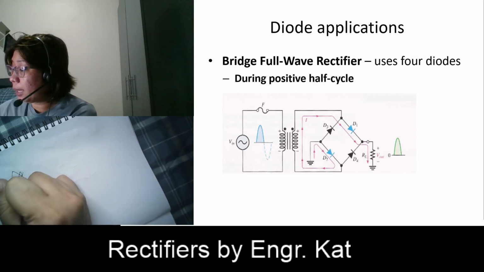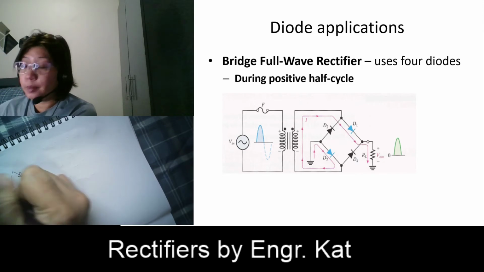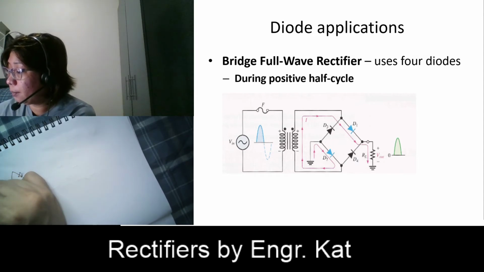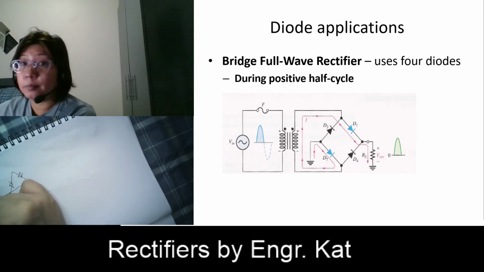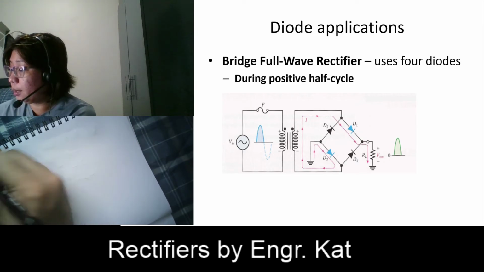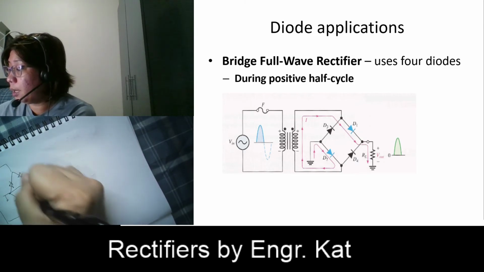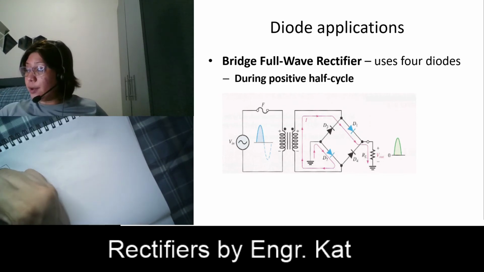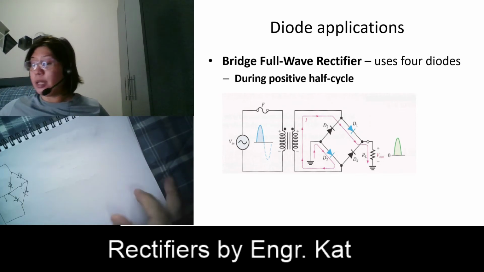This is grounded, and then this is coming from the transformer. Oh, sorry, this is not connected. This is connected here and this is connected here. So this is your secondary voltage.